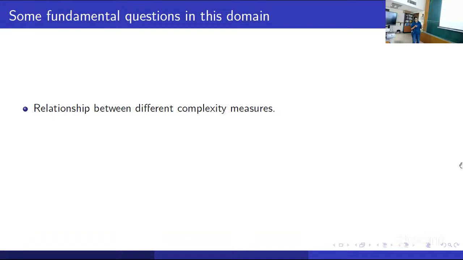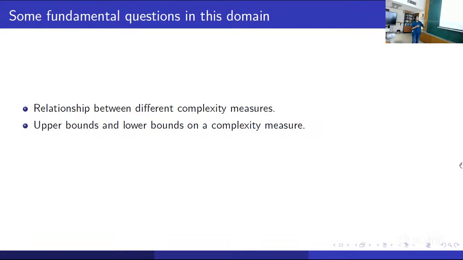That is one type of problem. Another is proving lower bounds or upper bounds on some particular complexity measure. That is, suppose you have a quantum algorithm, you want to ask how low your algorithm can go. This is just a very basic question that we will ask here.